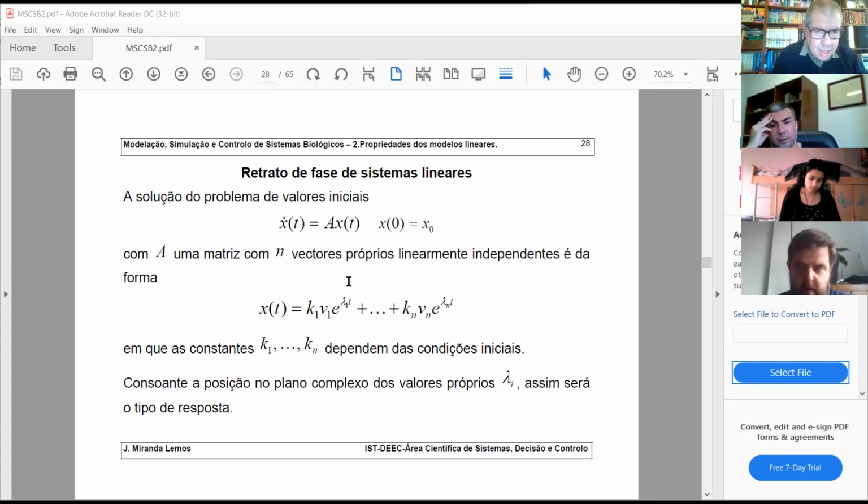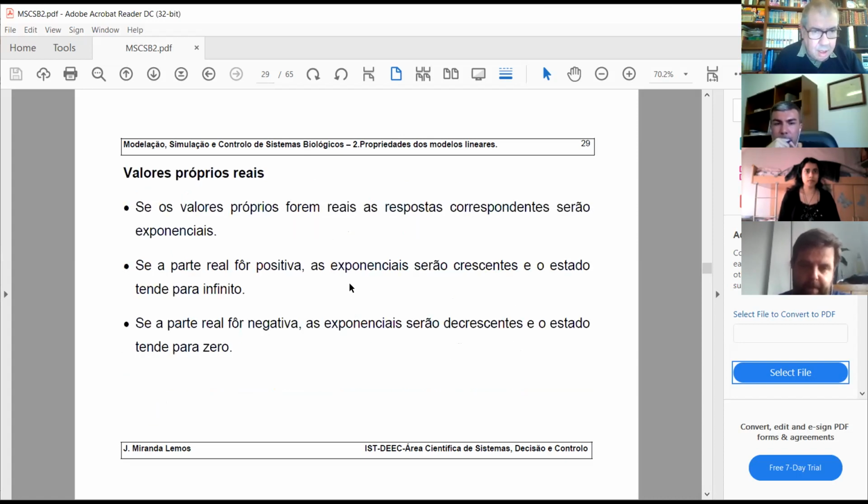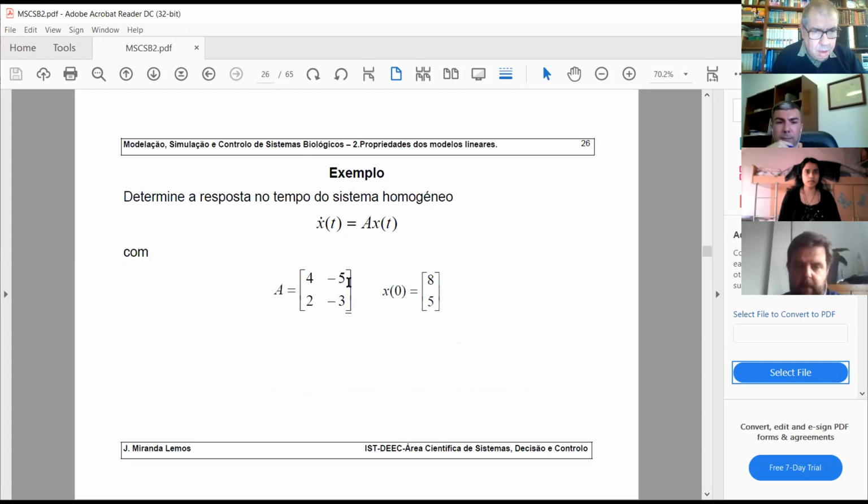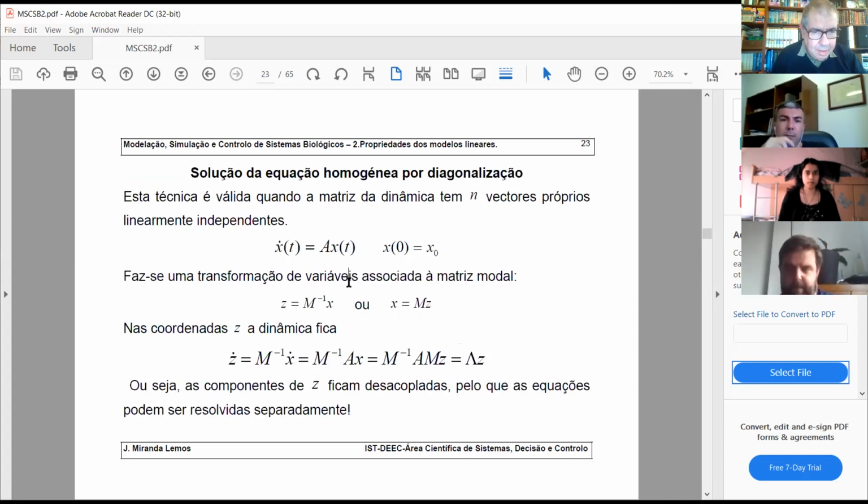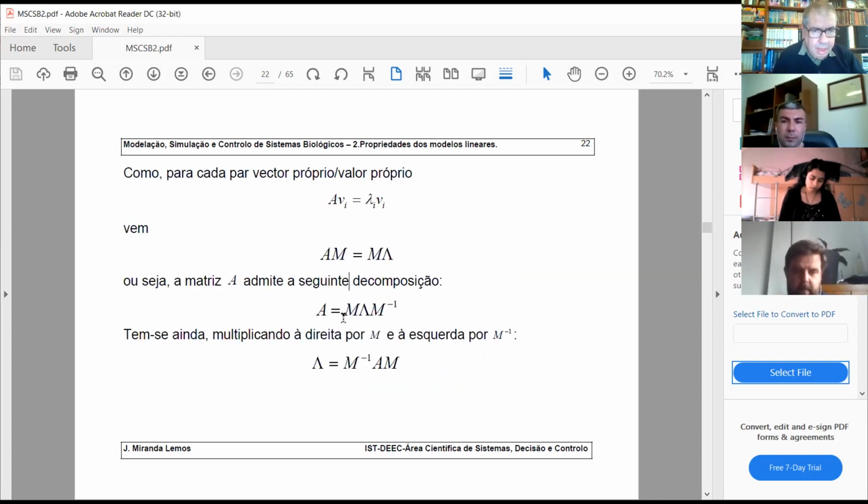Remember that this came from the fact that you can express A as the product of the matrix M times lambda times M inverse.